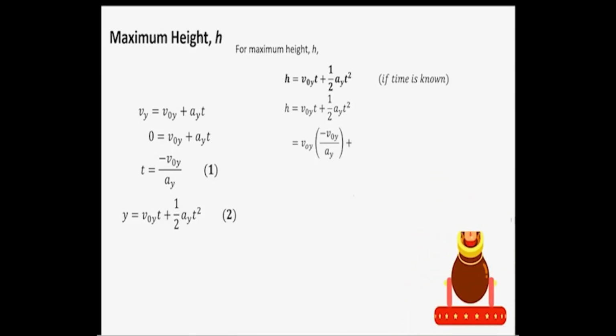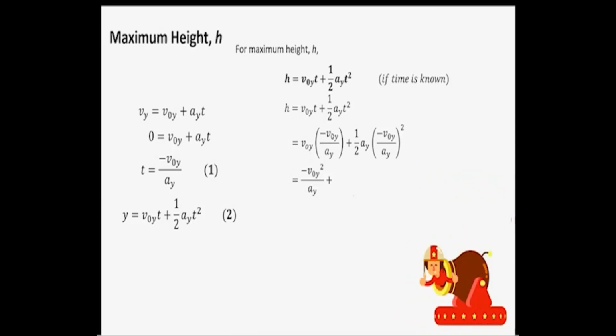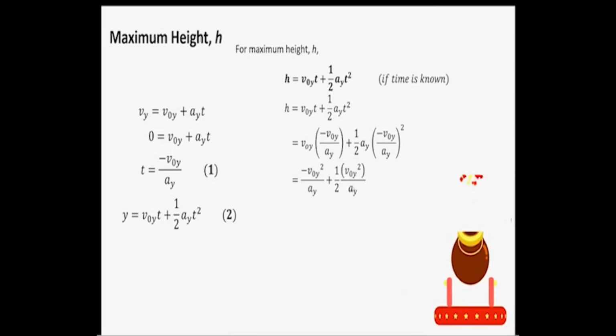So h is equal to v sub 0y times negative v sub 0y all over a sub y, plus 1/2 a sub y times negative v sub 0y all over a sub y, squared. Simplifying this term by term, here, we get negative v sub 0y squared all over a sub y plus 1/2 v sub 0y squared all over a sub y.